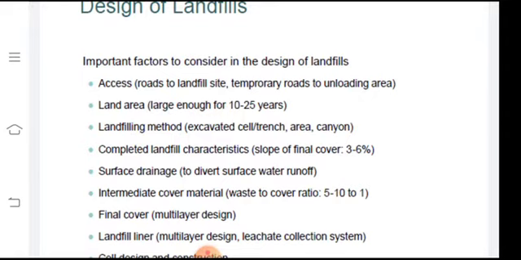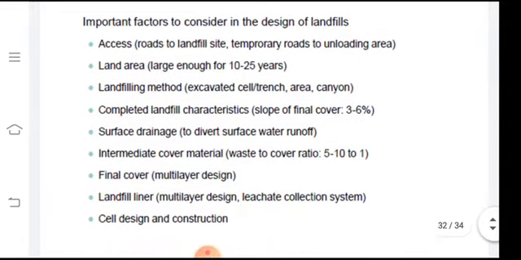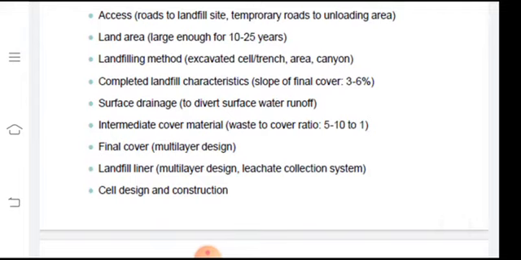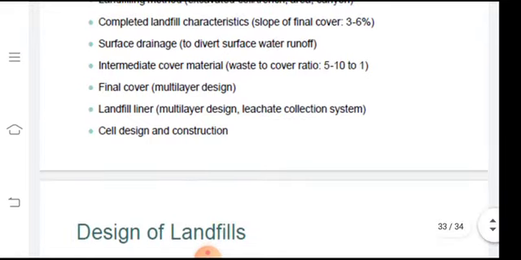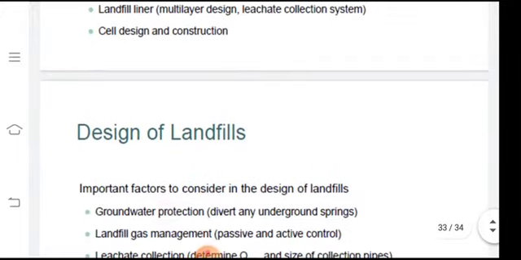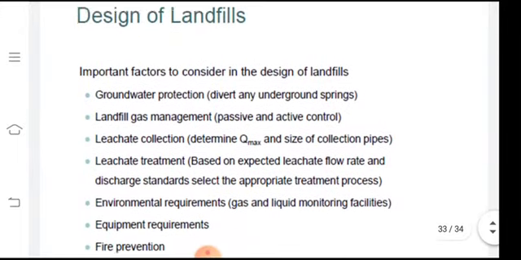First of all is the access, then the availability of the land area, then what kind of method will be required, then completed landfill characteristics, surface drainage, intermediate cover material, final cover, landfill liner, and cell design and construction. All these things will be required.